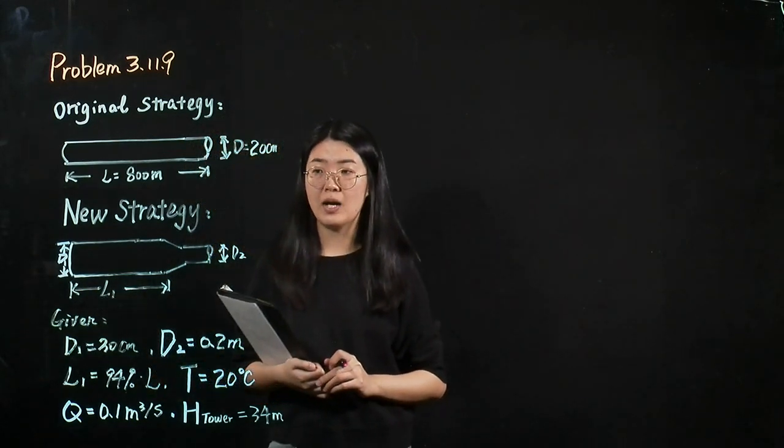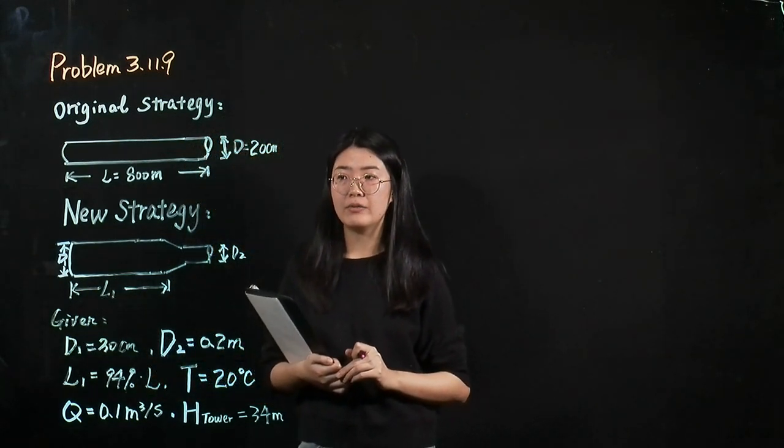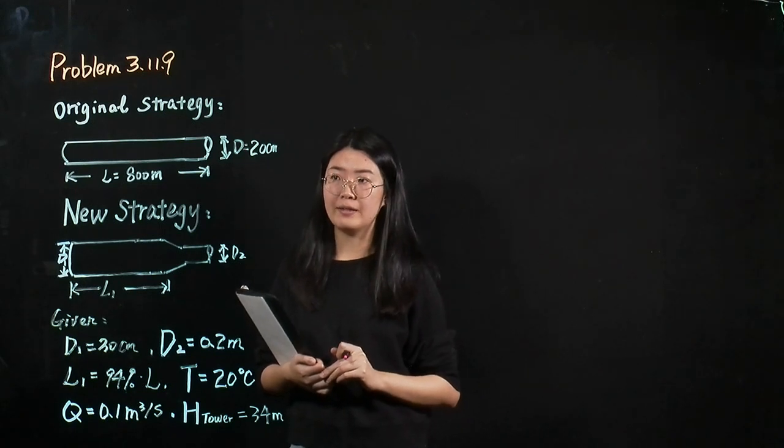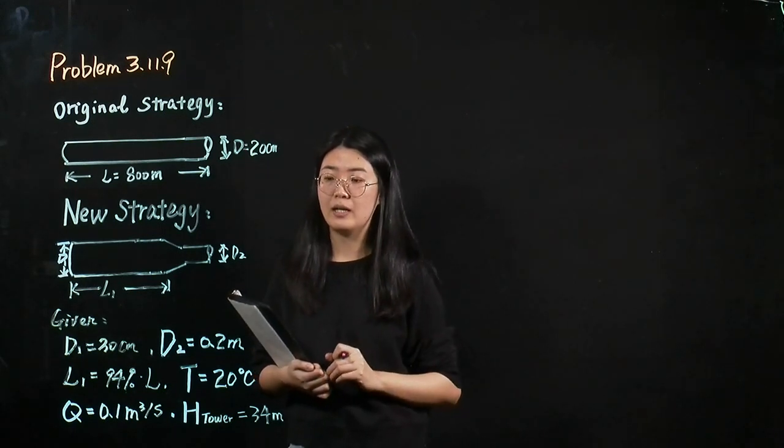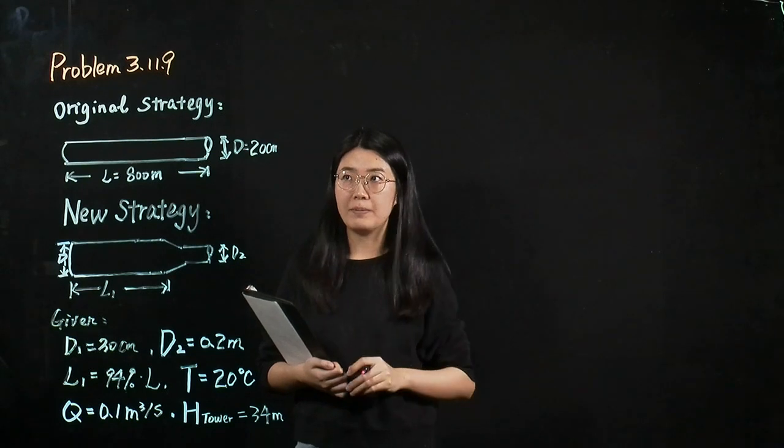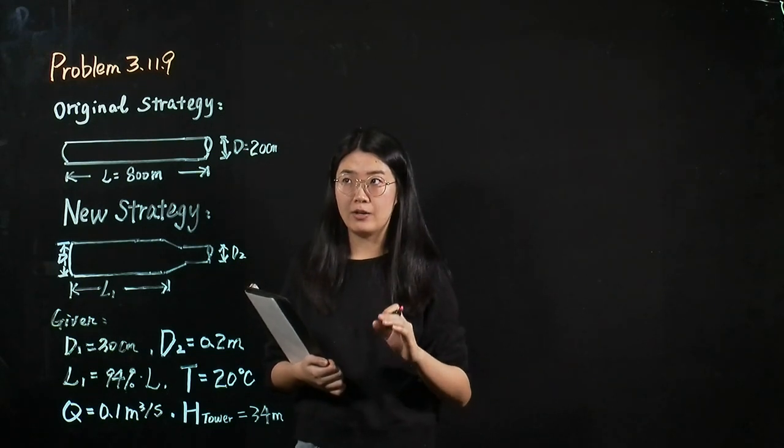So to solve this problem, we need to calculate the difference of the head loss in these two strategies. So the first step is to calculate the head loss in the original one.